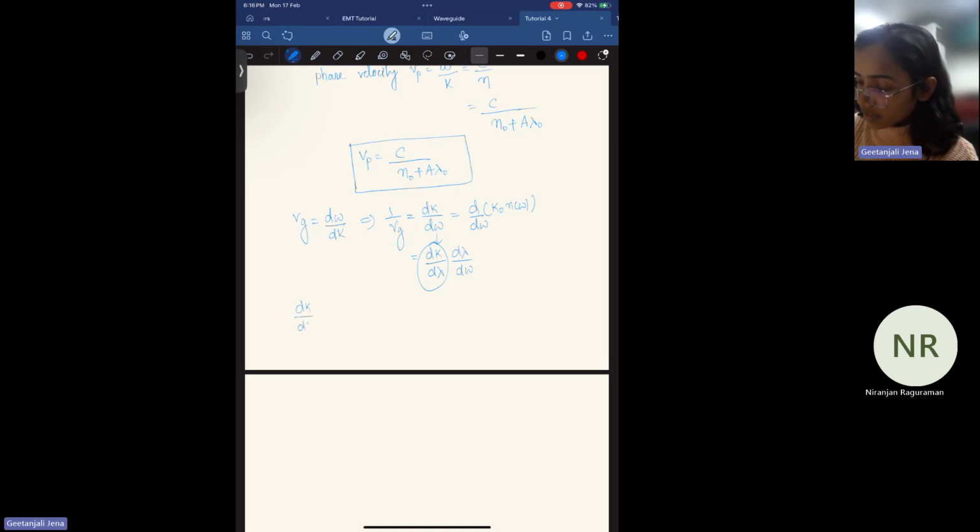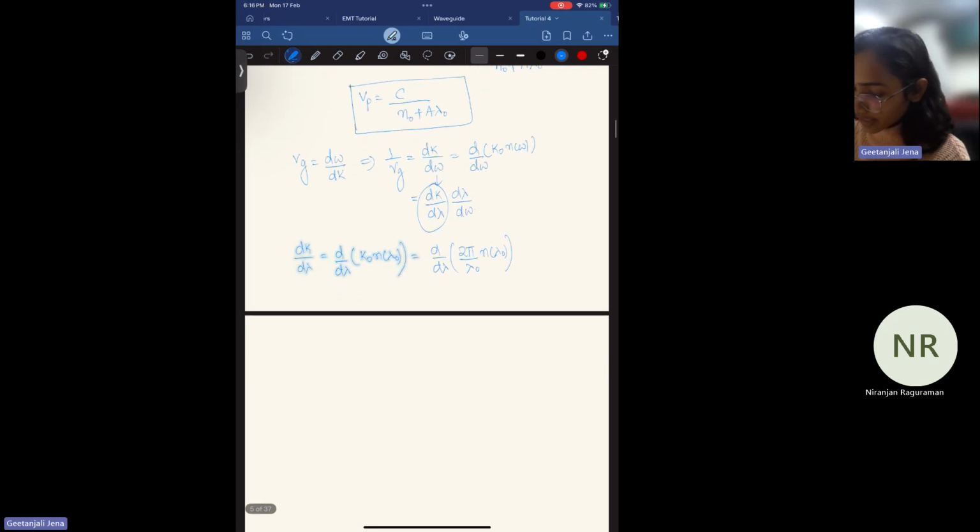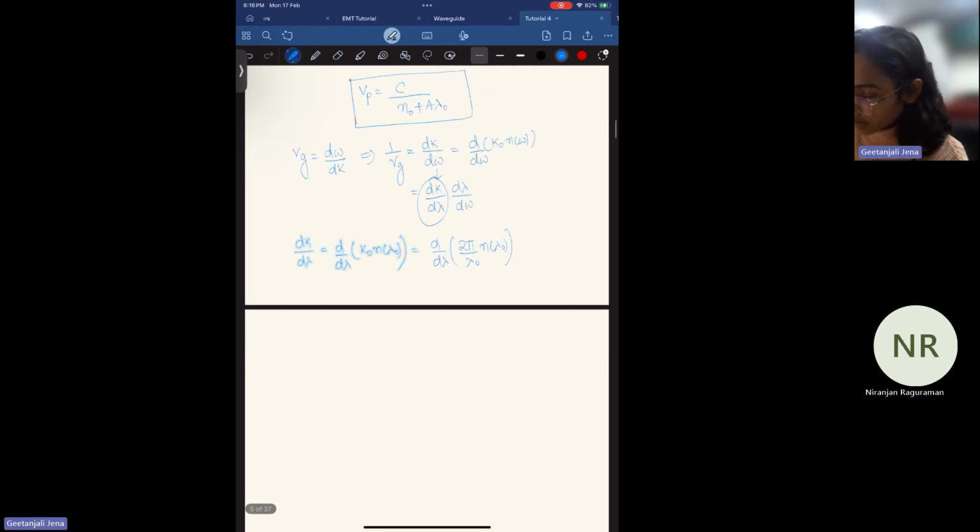And what is the value of dk by d lambda? dk by d lambda is d by d lambda of k0 n of lambda. I am showing a different way where you can calculate dk by d omega. So d by d lambda of k0, if you recall, is 2 pi over lambda 0 times n of lambda 0. If you calculate the derivative, you will see it is 2 pi d by d lambda of n of lambda 0 over lambda 0.